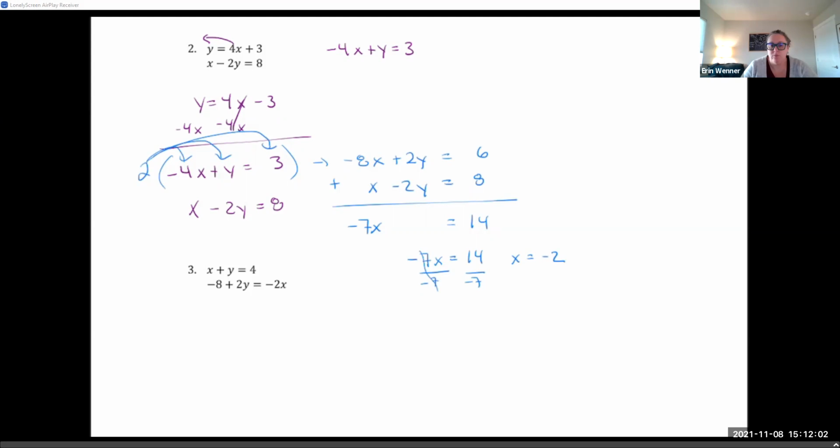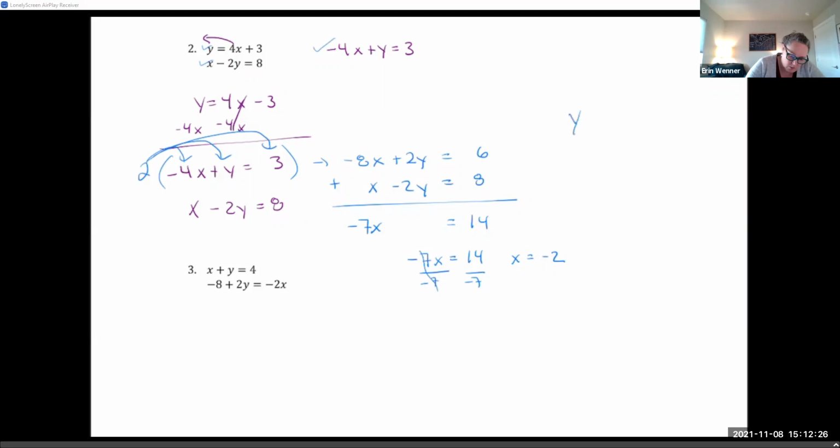So now we've got to solve for y, right? When I look at all the equations I have to choose from, I can go into this very first one, this second one, or this third one. It does not matter. I like the first one because y is isolated.